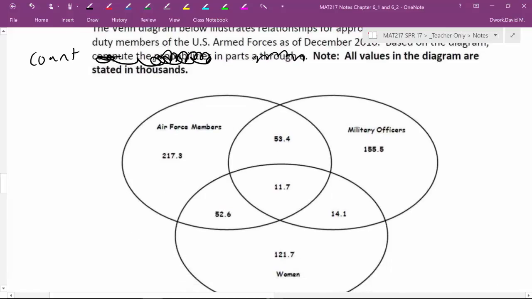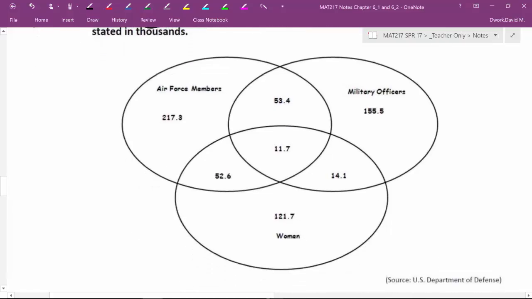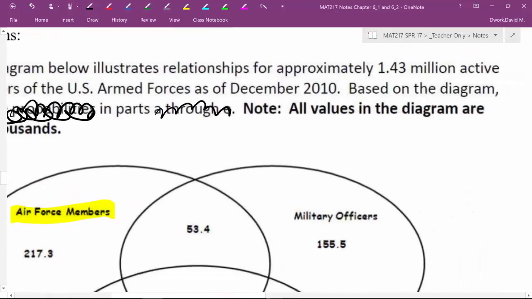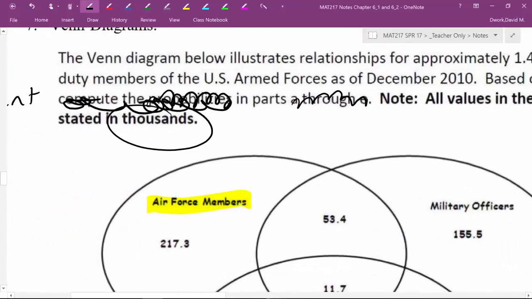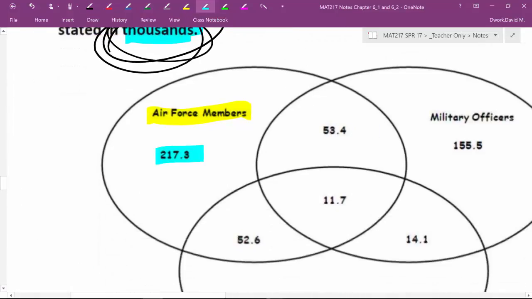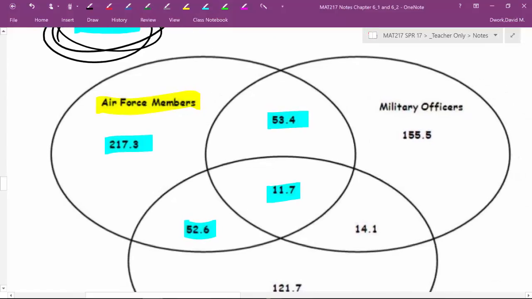So here we go. Now, this first bubble here, do you see this as Air Force members? So what this means is that there are 217.3 thousand members in the Air Force, right? Well, not quite, because anybody in this bubble is in the Air Force. So why are they sectioned out?